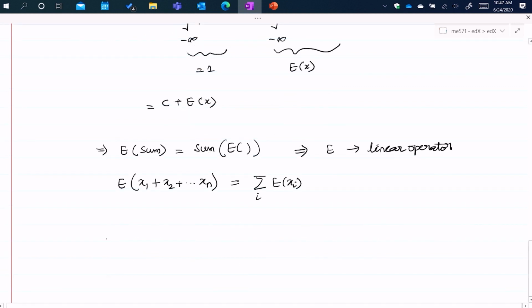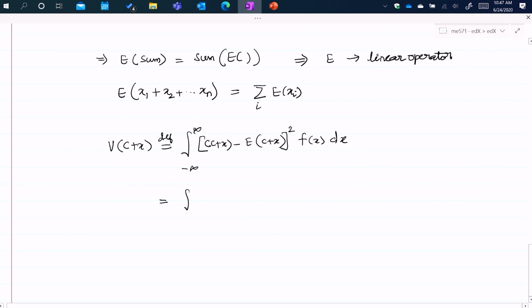So now let's go on to variance of c plus x, and that by definition is the integral from minus infinity to plus infinity of (c plus x minus expected value of c plus x) whole squared times pdf dx.